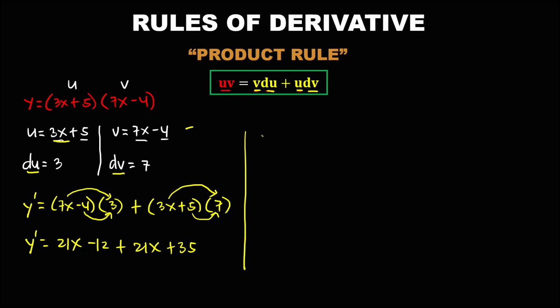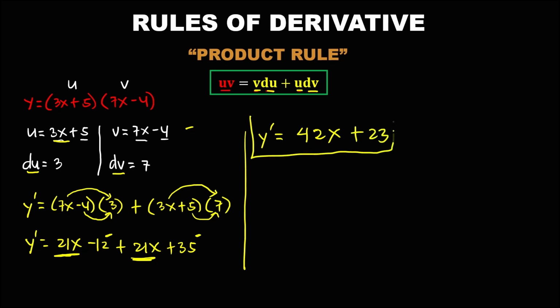Then combine like terms, so y prime equals positive 21 and positive 21, this is positive 42x. Then negative 12 and positive 35 is positive 23. So this is now the derivative.